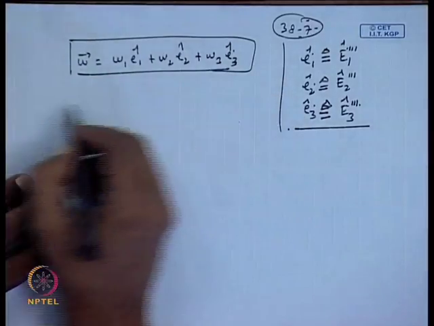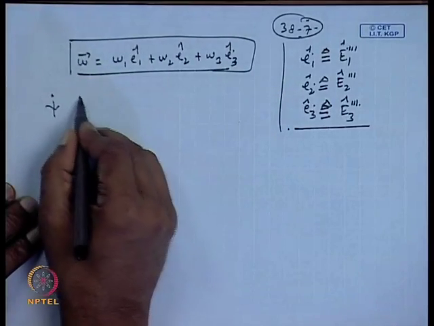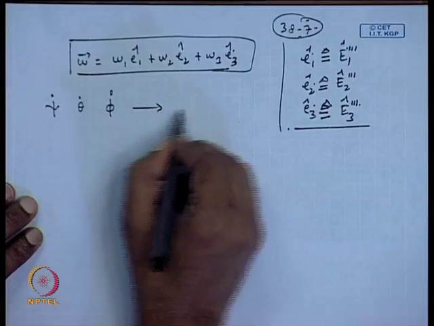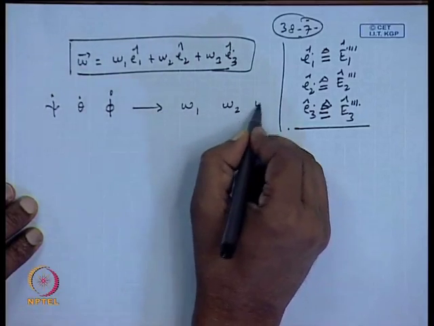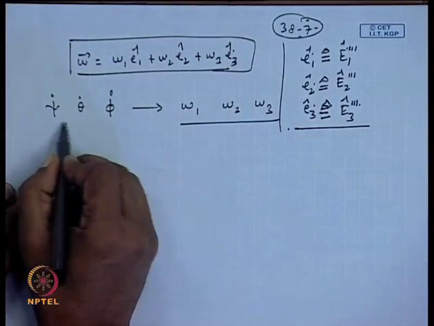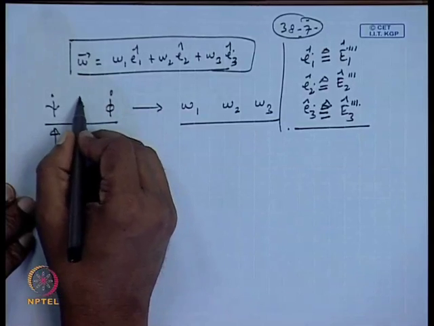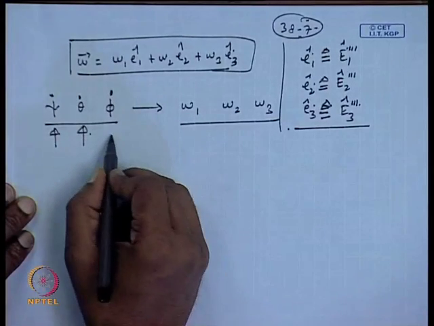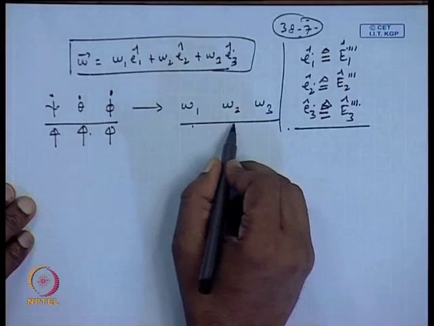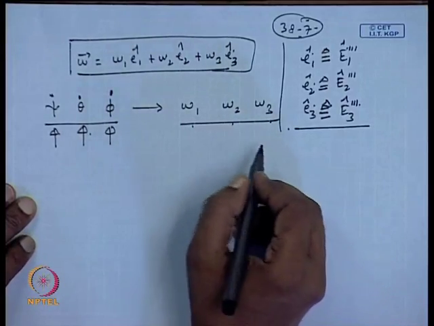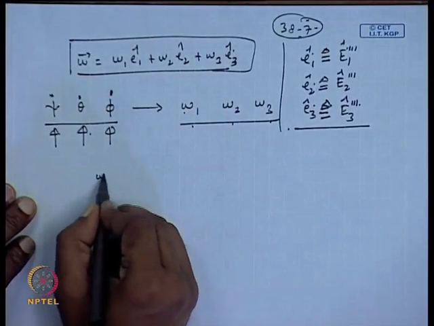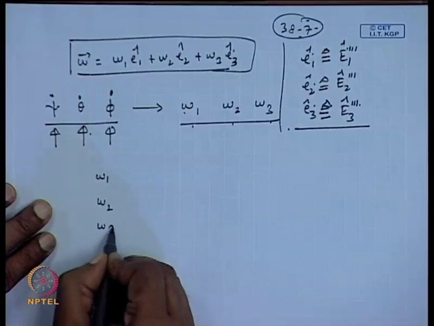So, if you want to convert from psi dot, theta dot, phi dot to omega 1, omega 2, omega 3, you need to convert each of the rates individually into omega 1, omega 2 and omega 3.